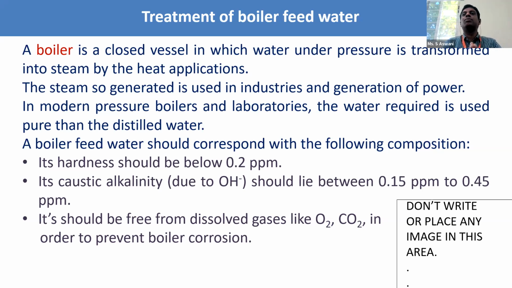We already discussed what hardness is, what type of hardness is present, and how we are going to remove that hardness. So these are the boiler feed water treatments. How the sludges are formed, how the scales are formed, and what steps are involved in removing those sludges and scales. When we understand this topic, then only we can know what type of softening techniques we are following.